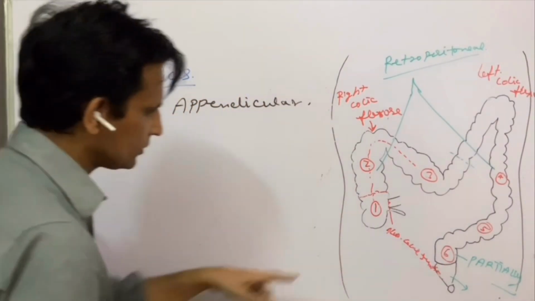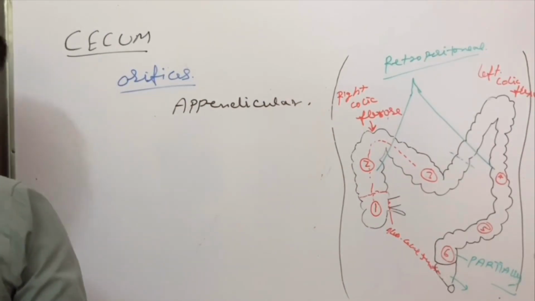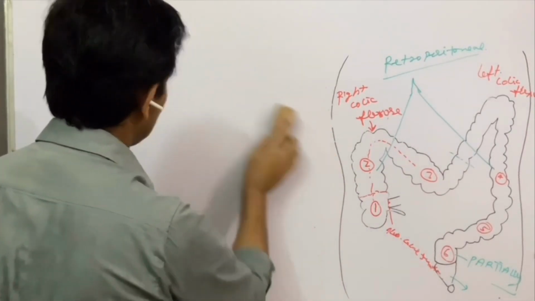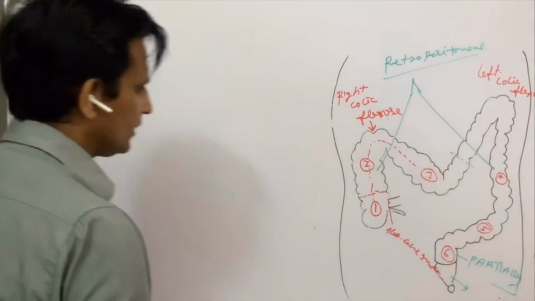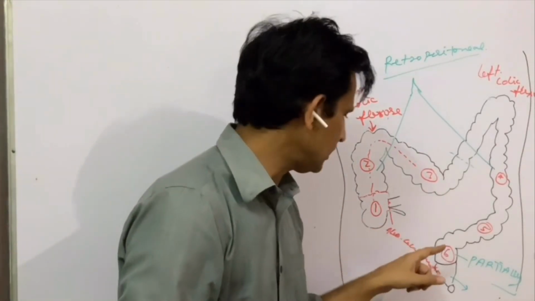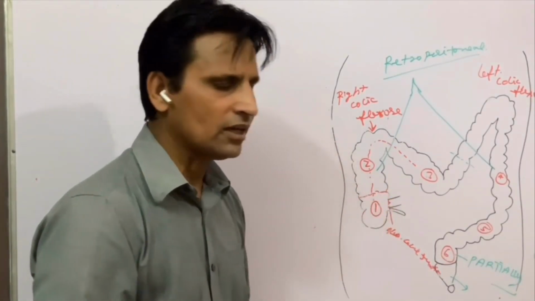Let's talk about one more thing related to this, and that is the appendix. The basic thing about the cecum was that the length is 6 centimeter and the width is 7 centimeter. The shape of the cecum may vary.